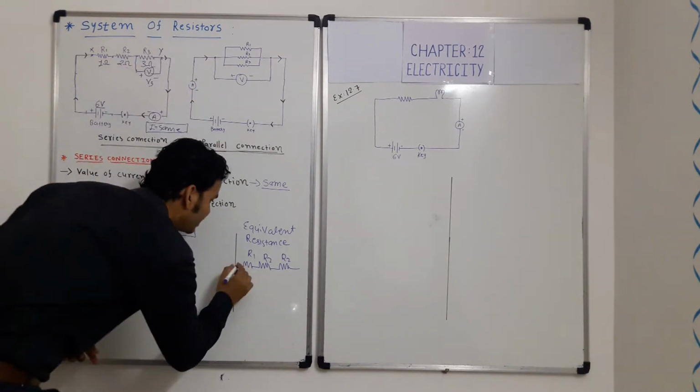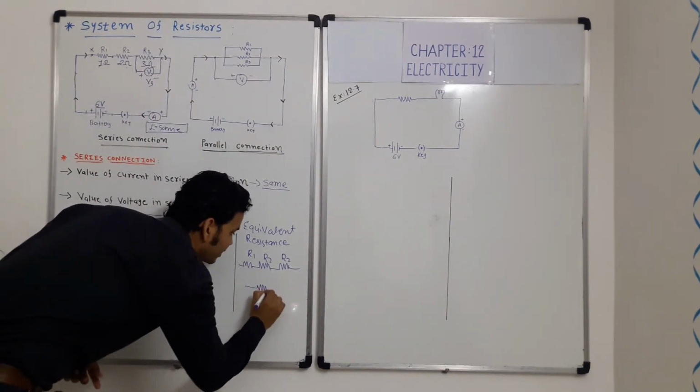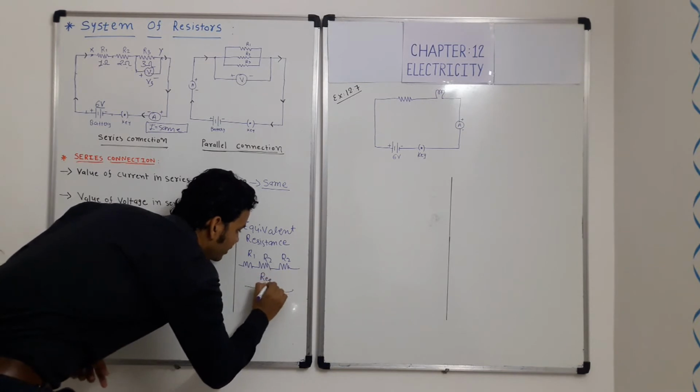So I can replace this by a single resistance. This is known as an equivalent resistance.